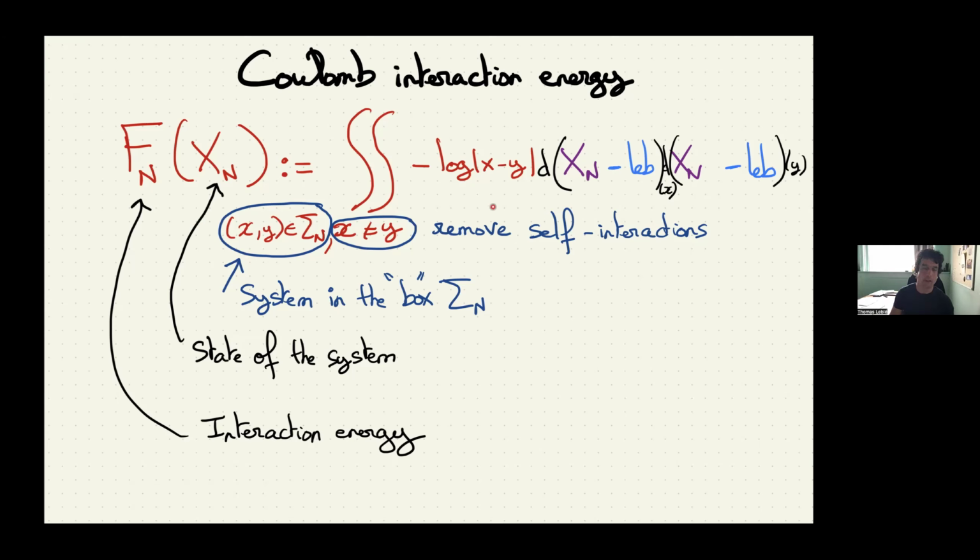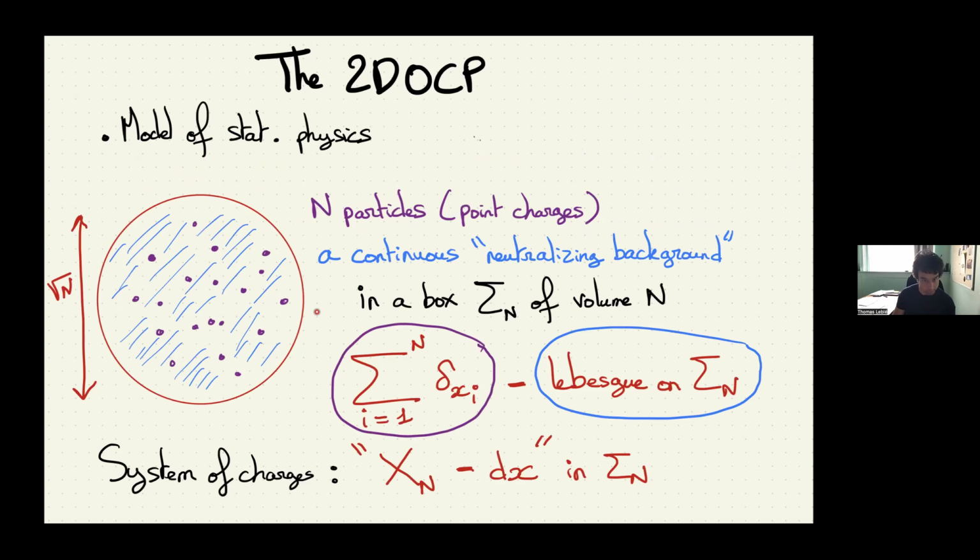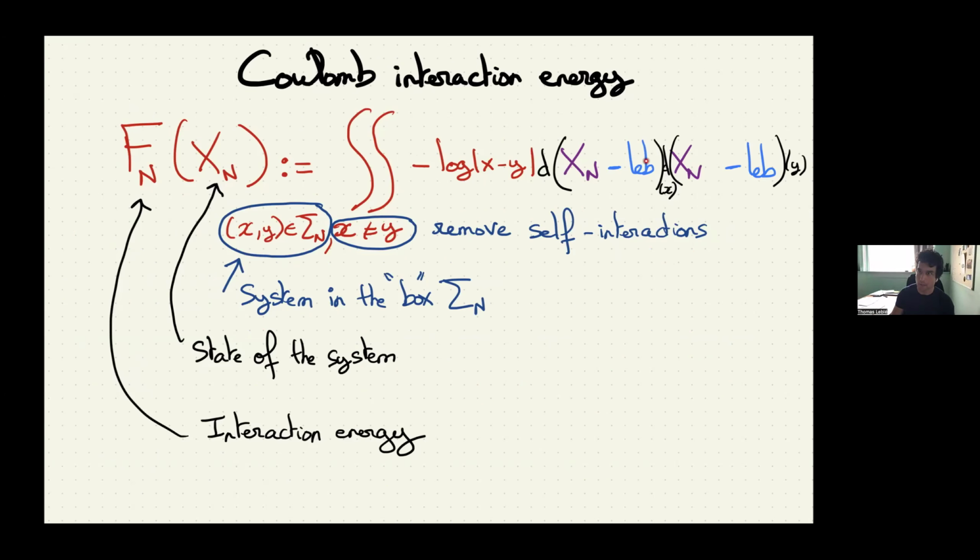So in 2D, as you may know, the Coulomb interaction is -log up to a constant. So you will take the pairwise interactions with the -log potential between, well, the system and itself. And the system is the positive charges minus the neutralizing background. So you have this against itself.